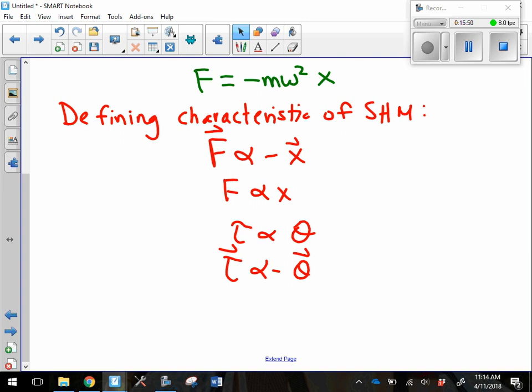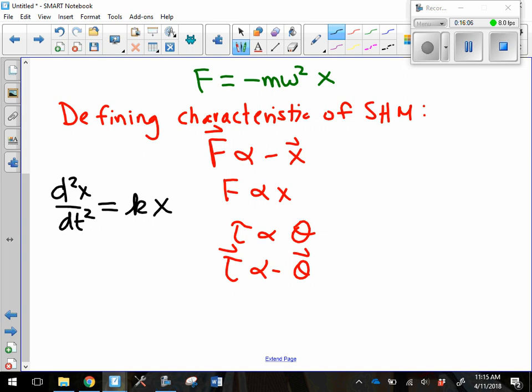Because if I had a pendulum, I would be dealing with an angle instead of a distance. You will also often see this as d2x/dt squared is equal to k times x, some random constant that could be positive or negative. That would be simple harmonic motion.